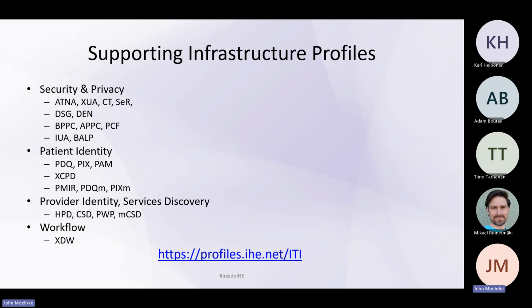So you give it the information you do know about the patient. That might be demographics, it might be identifiers, it might be your own identifier or your affinity domain identifier. You send that out there, and the various cross-references within the various affinity domains determine whether they have a close enough match for policy.